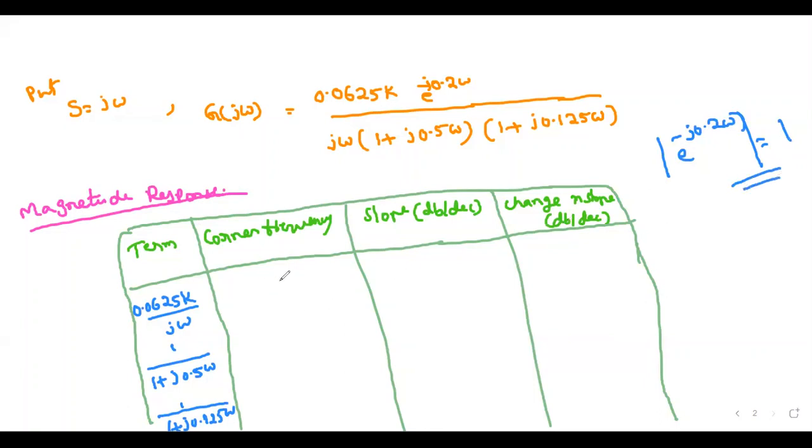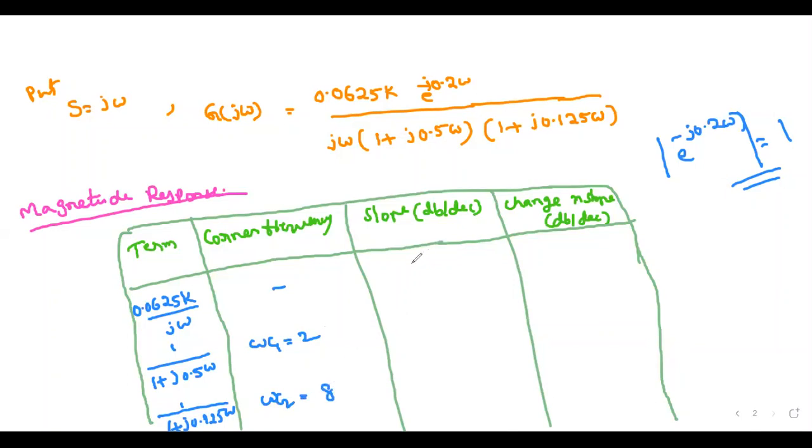Okay, right. Now tell me the corner frequency. No corner frequency. Next, 1 by 0.5, that is 2. Next, omega c2, 8. Very good.